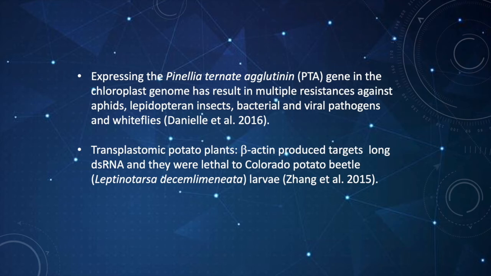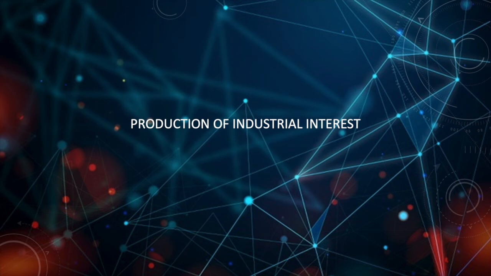Secondly, in producing transplastomic potato plants, beta-actin produced target long double-stranded RNA, and there was little damage from Colorado potato beetle, or Leptinotarsa decemlineata, larvae.